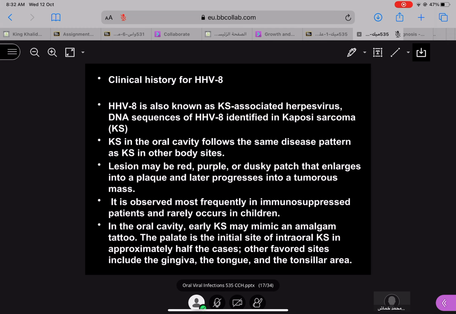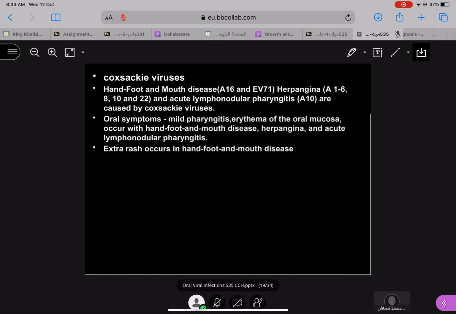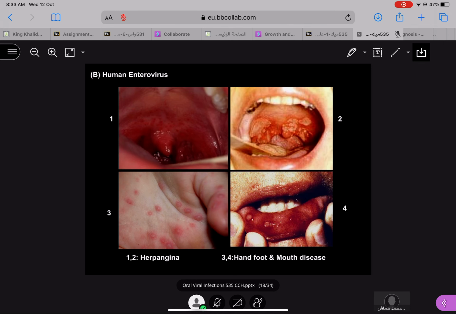You see here, 1 and 2 show herpangina, and 3 and 4 hand, foot, mouth disease. This is going to be covered in the next slide, which is Coxsackie virus causing these two manifestations.